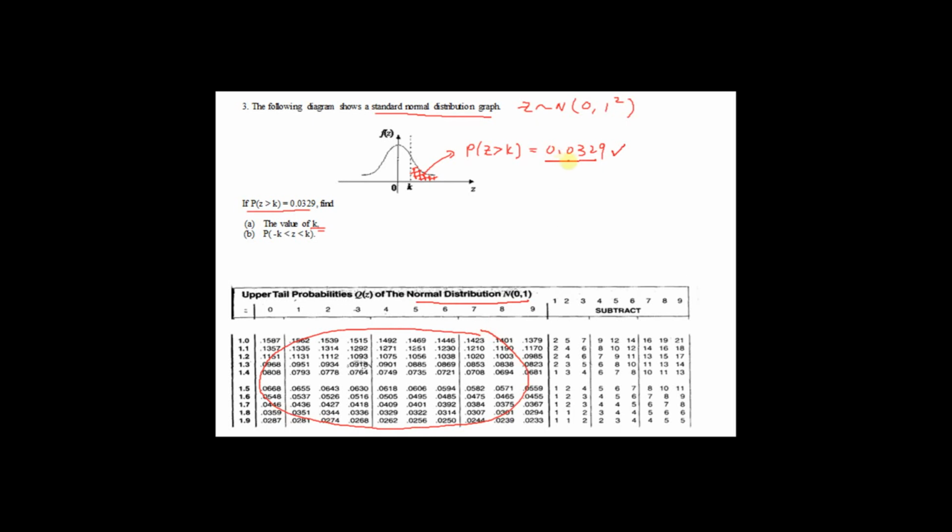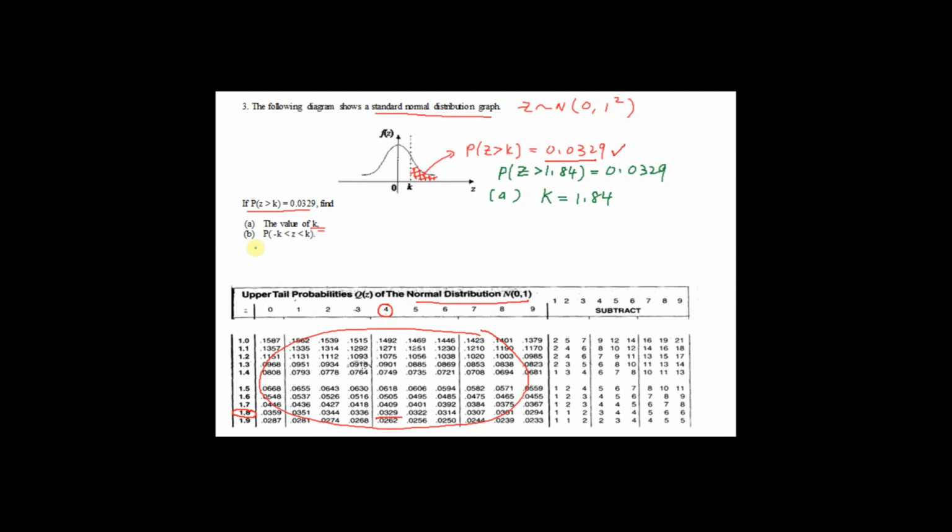So where is 0.0329? So you can see here, this is the probability, 0.0329. This corresponds to 1.84. So you know that from the table, the probability z more than 1.84 equal to 0.0329. So therefore, for part A, the answer for k equal to 1.84.